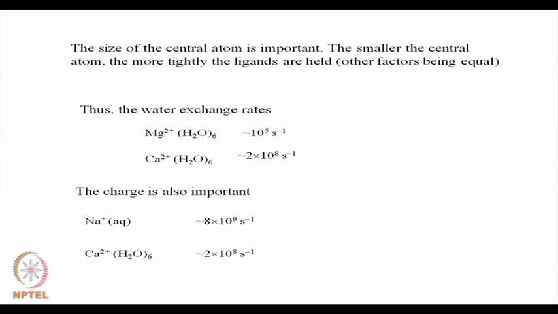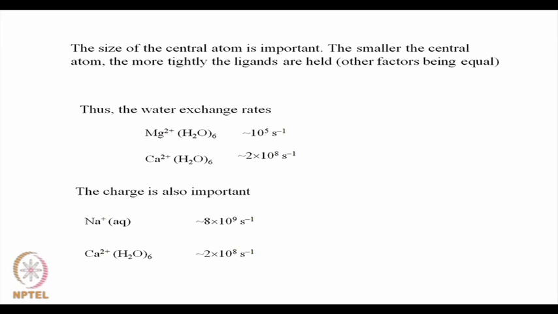The size of the central atom is important because if the size is high, then the effective potential of that central atom will be less. So, for a larger central atom the ligands are less tightly held, but for a smaller central atom the ligands are more tightly held.